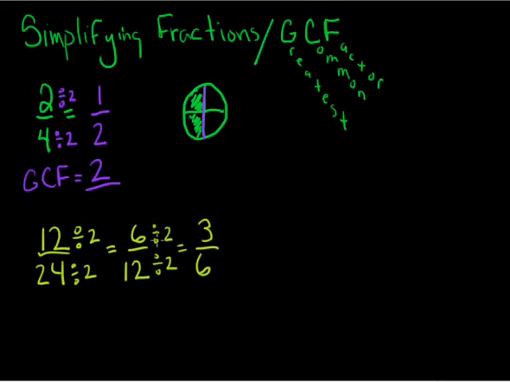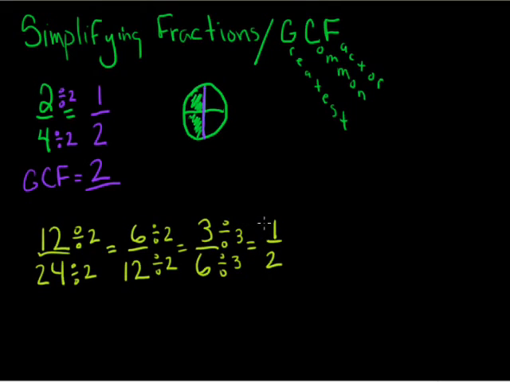So we've divided twice now, and I still know that there is a factor that's greater than 1 of 3 and 6, and that is 3. So I'm going to divide again by 3, and now I have 1/2.